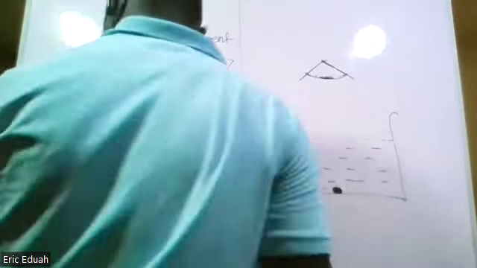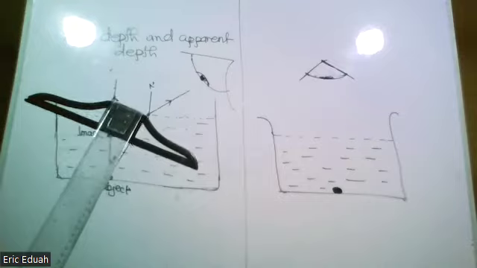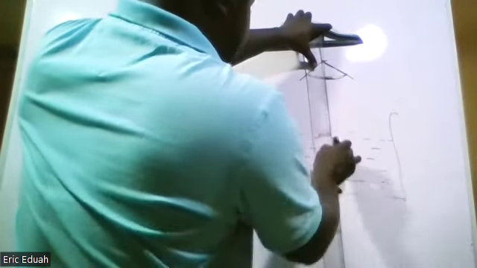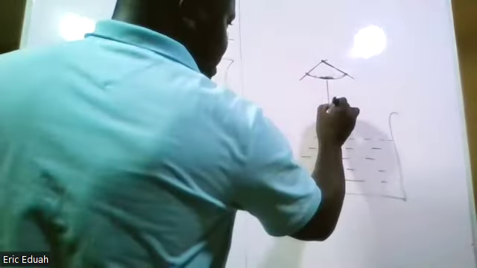There will always be a lot of light coming from an object. One of the light rays is traveling perpendicular to the surface, and whenever light travels perpendicular to the surface, it goes undeviated.